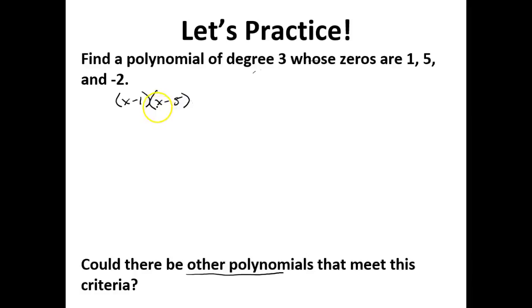If I put an x minus 5 here, when 5 goes in, 5 minus 5 would be 0, so the whole thing would be 0. If negative 2 goes in, I would need an x plus 2, so that when this negative 2 goes in here, it ends up as a 0. This right here would be a polynomial.